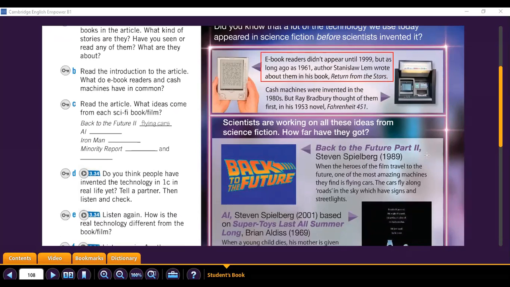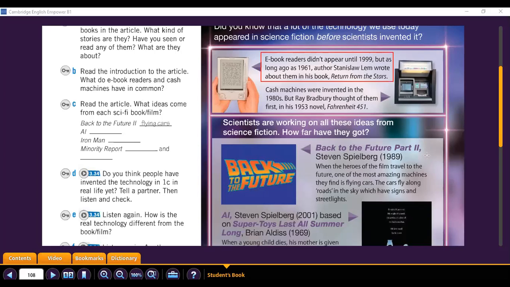E-book readers didn't appear until 1999, but as long ago as 1961, author Stanislaw Lem wrote about them in his book, Return from the Star. Okay, thank you so much, Kevin.